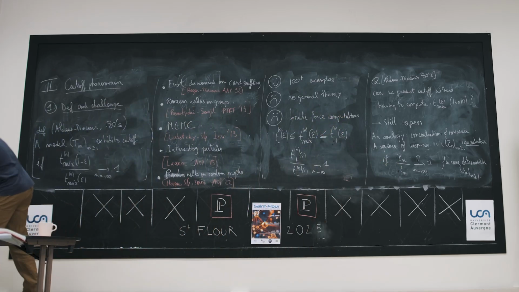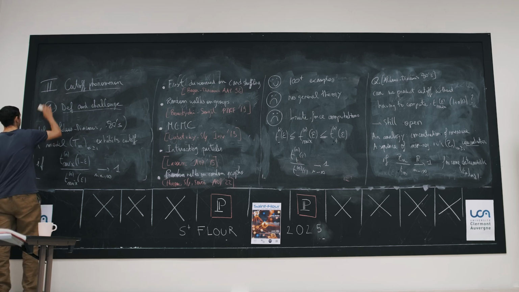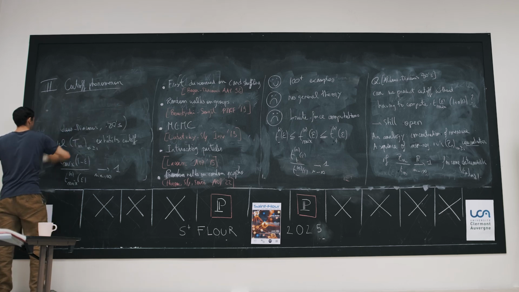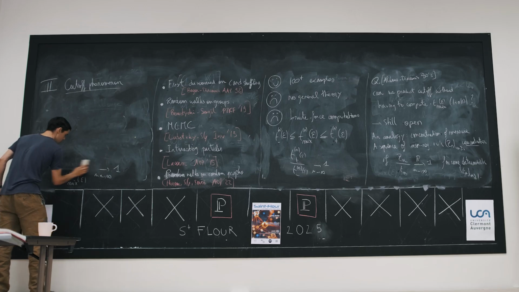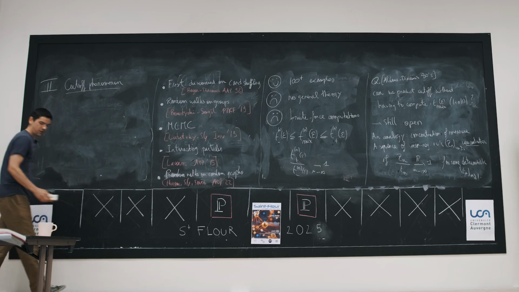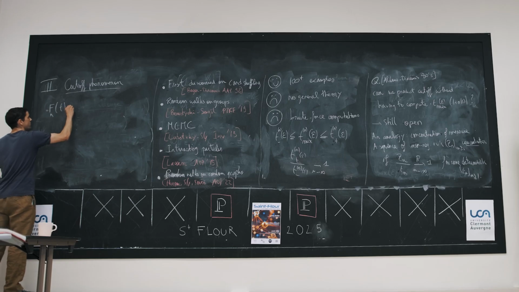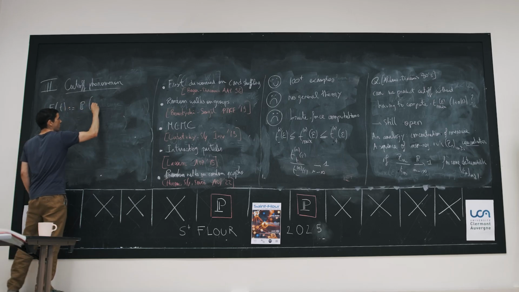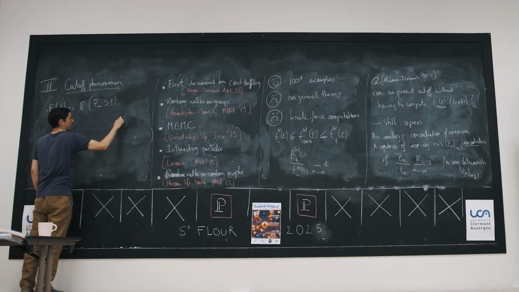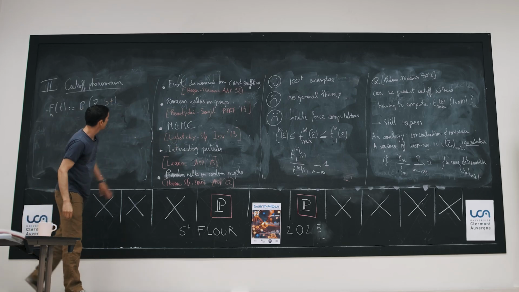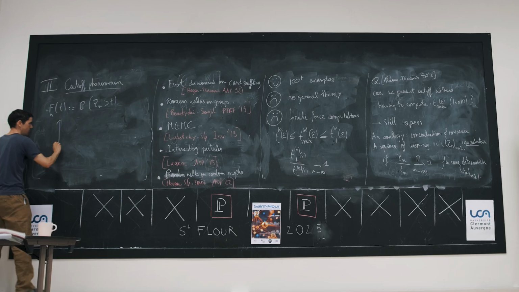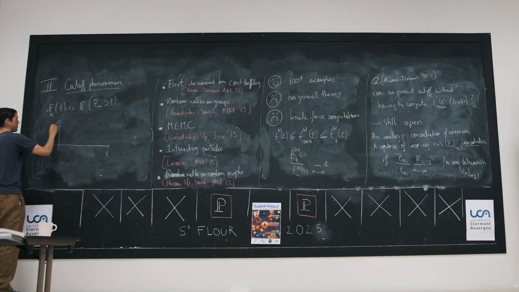Now there is a way to formulate this in terms of a phase transition for a function. Let's look at this function fn of t, which is just the probability. It's the tail distribution function of your variable. And so saying that you have this concentration of measure phenomenon is the same as saying that, so this is 1, this is 0, fn of t is decreasing from 1 to 0.